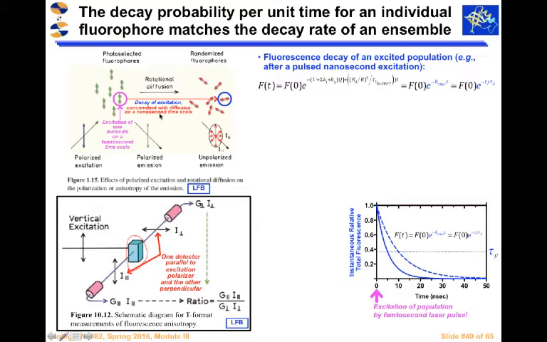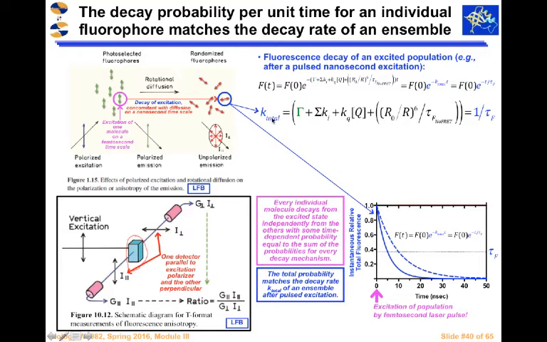We're going to come back to that later. Decay from the excited state is proceeding simultaneously with rotational reorientation. Now, in terms of individual molecules, those are both stochastic or probabilistic processes, right?